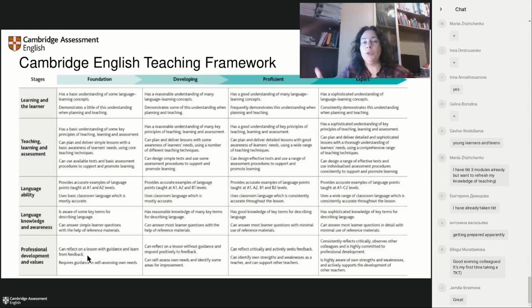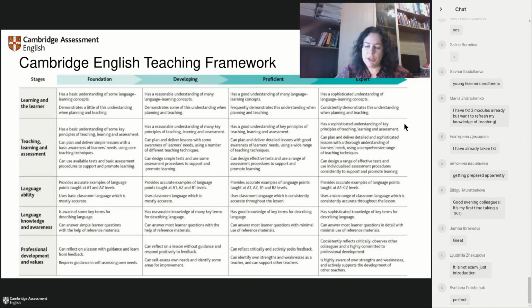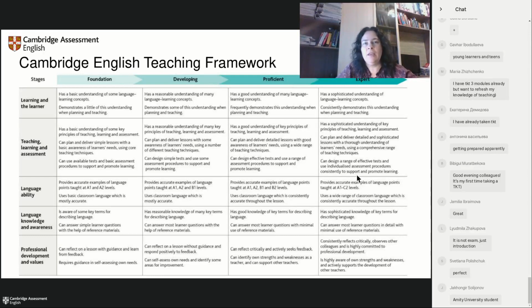As teachers work on their skills, they can become better aware of their learners' needs, and they can use their knowledge better to cater for different learning styles, for example, motivation, and so on. Now, if we look at experts at this level, teachers demonstrate a sophisticated understanding of the theories that reflect how languages are learned and what learners are like, and they can give greater support to their learners.